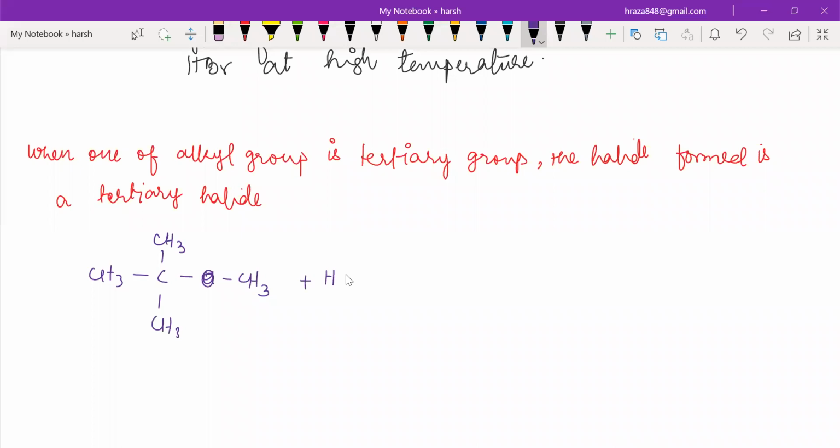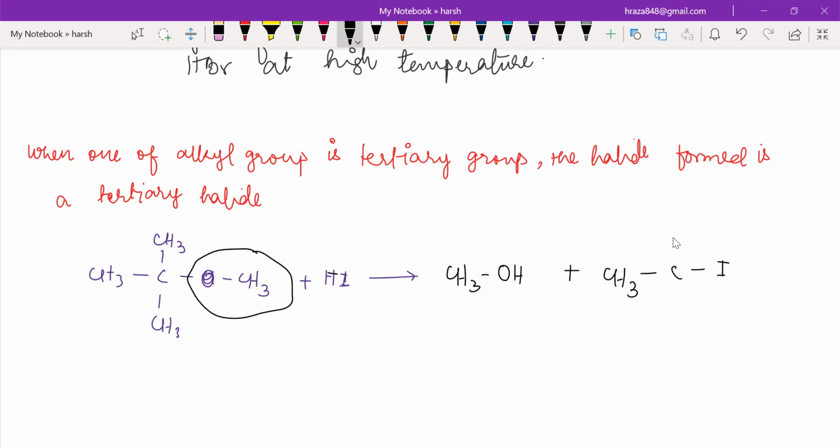If you are going to react this with HI, then alcohol will form, CH3OH, and the halide will be formed, CH3 C I. Tertiary halide will be formed because there will be the formation of carbocation. I will explain the mechanism. First, write this.